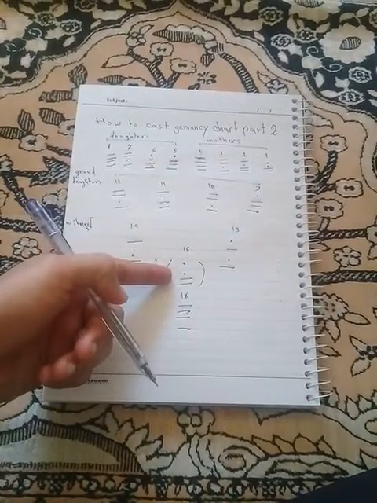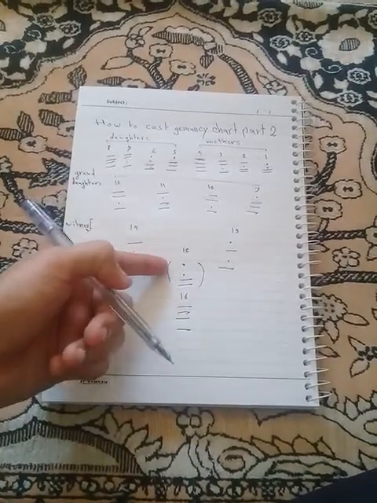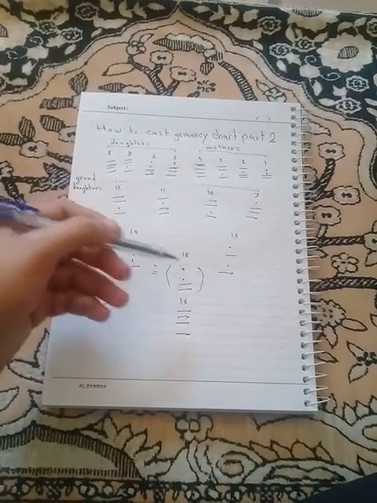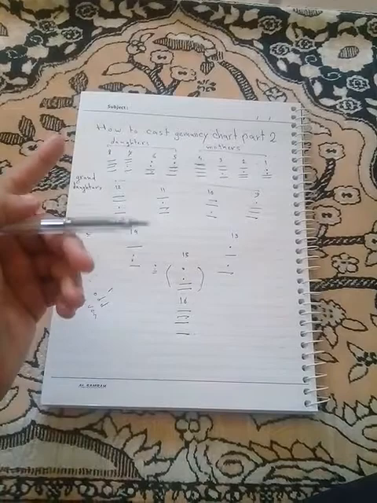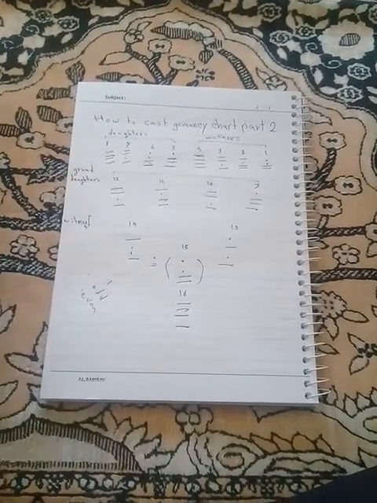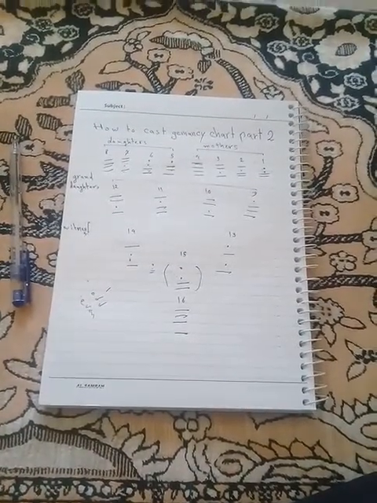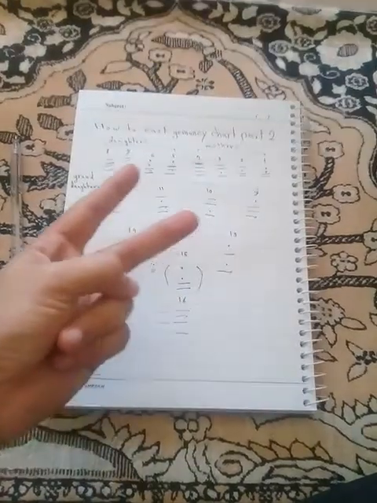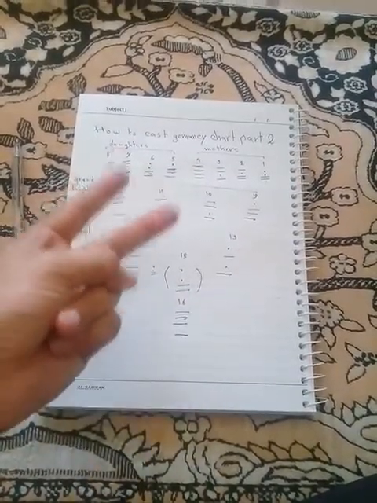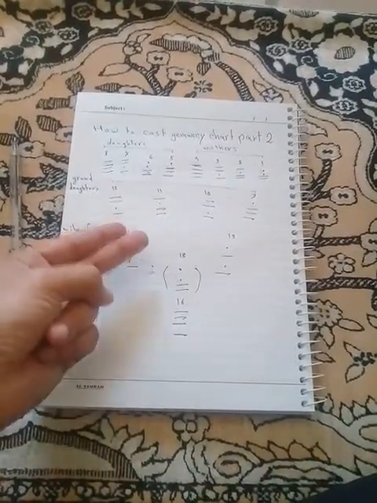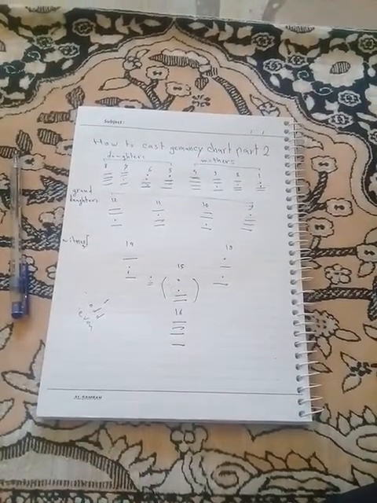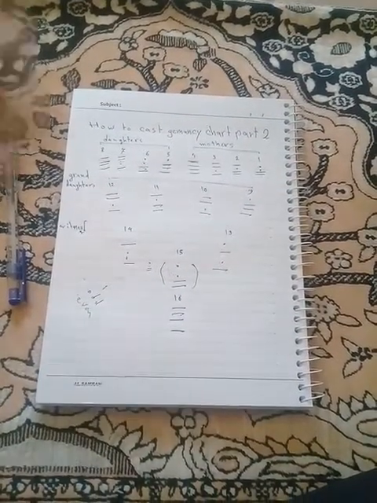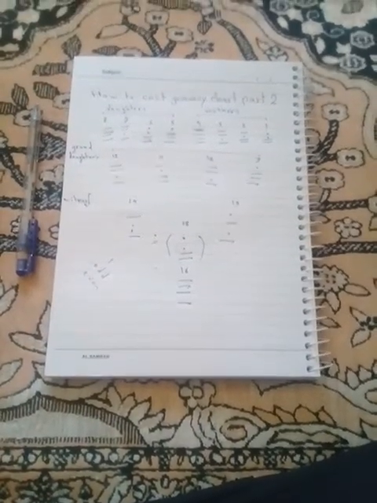It must contain 2 or 4 dots or no dot. If it contains a single dot or 3 dots, it's wrong. We call it عدد زوجي, a multiplication of 2: 0, 2, 4, like this. So here we have 2 dots, so it's a multiplication of 2. Okay, everything is okay. We have got the correct chart.